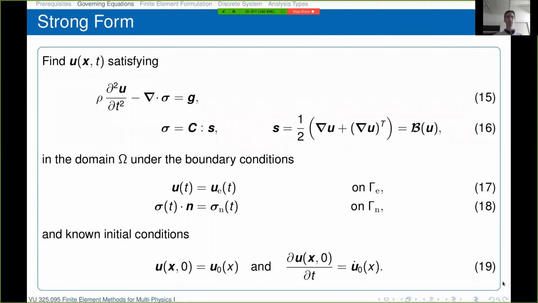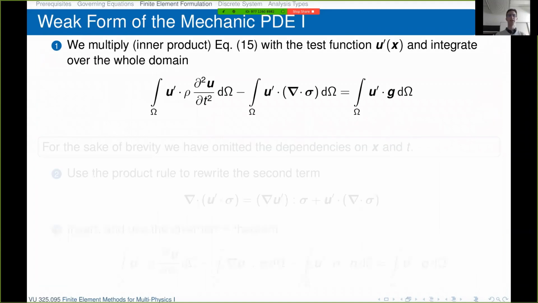Okay, so now we have a strong form, and we already know how to derive the weak form of this equation. And this is done here. We derive the weak form for the mechanic PDE. The steps are as usual. First step, always multiply our strong form with the test function and integrate over the whole domain.